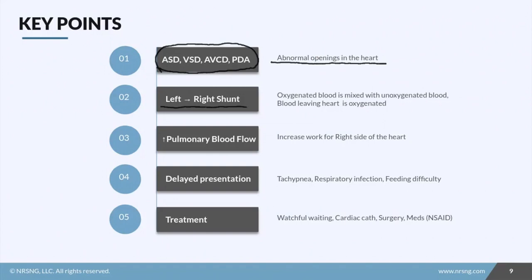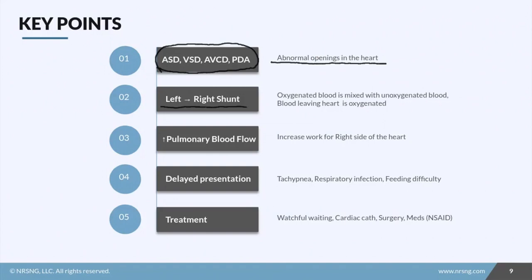And this causes an increased pulmonary blood flow, which can cause pulmonary congestion and makes the right side of the heart work extra hard. The key things to note about that are that we have pulmonary congestion, which is going to contribute to our symptoms, and then we have that increased working of the right side of the heart, which can lead to heart failure if it's untreated.